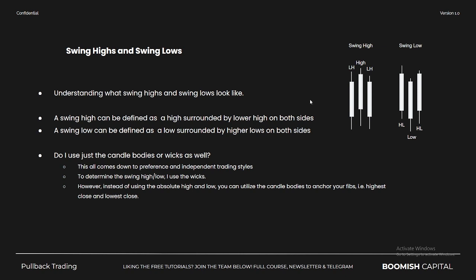So I want to cover shortly swing highs and swing lows. Essentially, what are these? They can be defined as what you can see here. You have a high in a trading level surrounded by a lower high, and a swing low, a low surrounded by higher lows. And essentially from here you see a market reversal, and from here you see a market reversal, right?